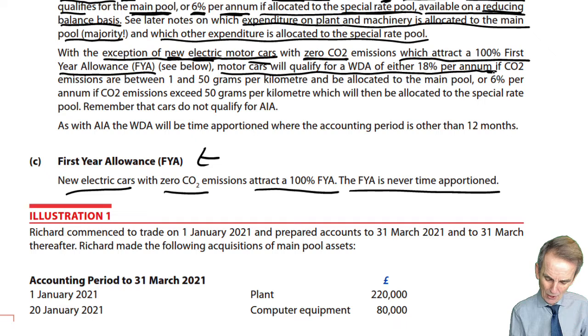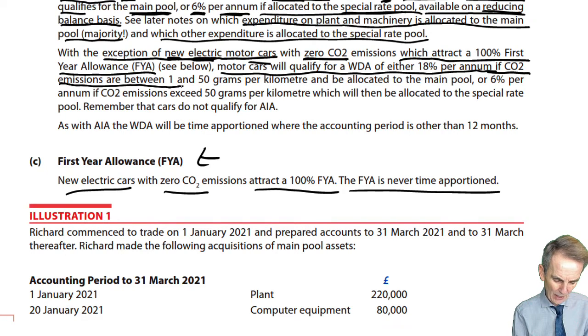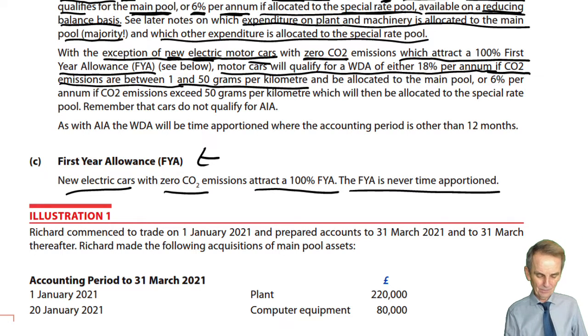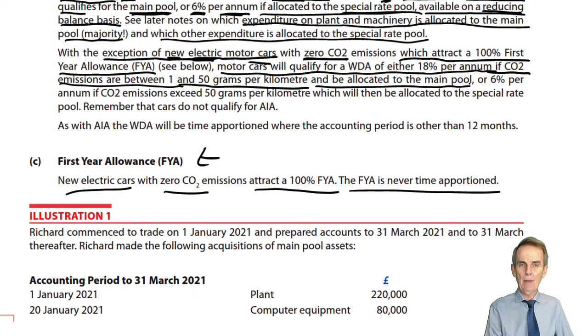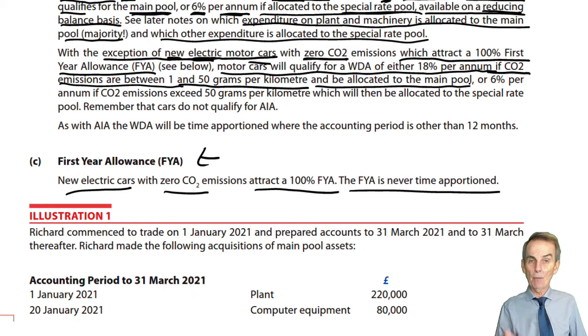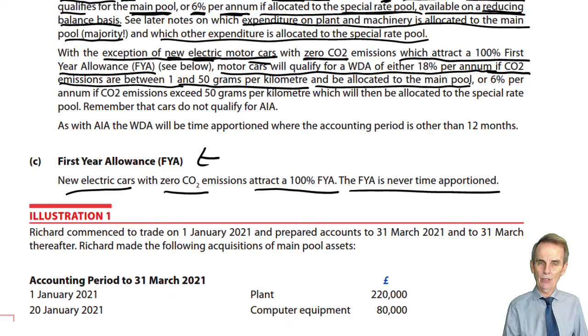But 18% will only be available if CO2 emissions are between 1, obviously if it was 0, it's 100% first year allowance, but between 1 and 50 grams per kilometre. And that expenditure would be allocated to the main pool, and year on year, on a reducing balance basis, an 18% per annum writing down allowance would be available.